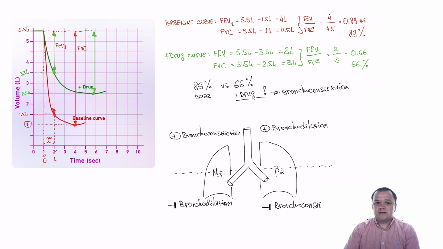So, we say that the administered drug caused bronchoconstriction, and we should be focused either on M3 receptors or beta 2 receptors. But as we are talking about stimulation, the correct answer is M3 receptors only.